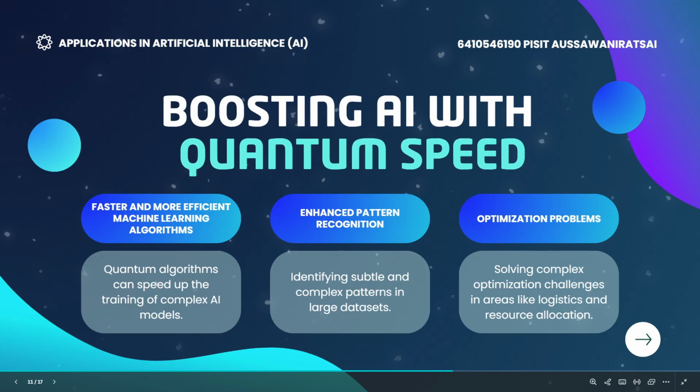This includes developing faster and more efficient algorithms for training complex AI models. Imagine being able to train AI for tasks like image recognition or natural language processing in a fraction of the time it takes today.